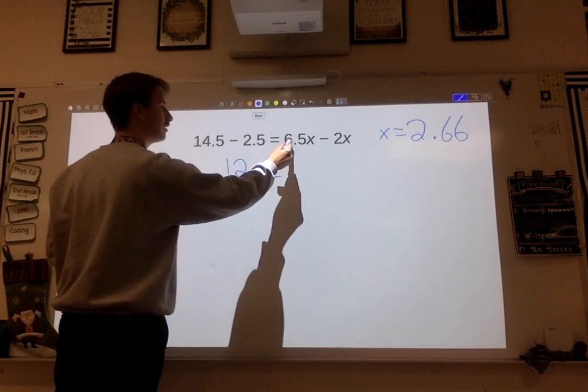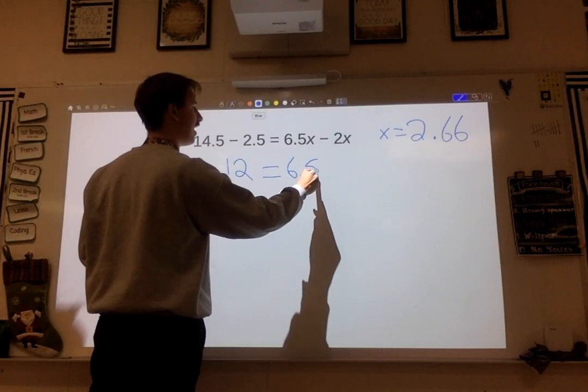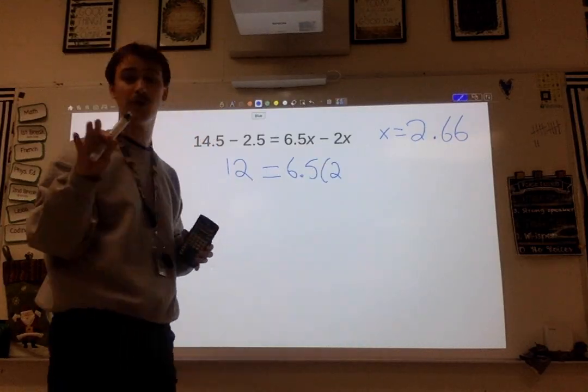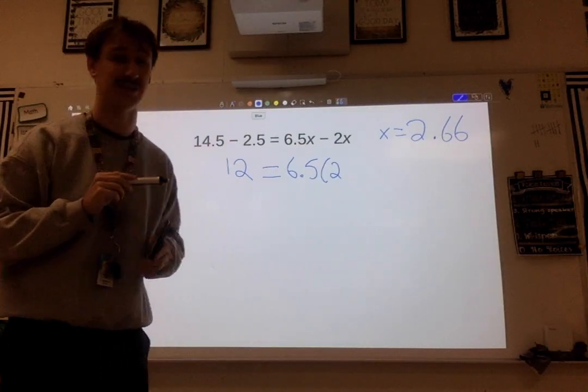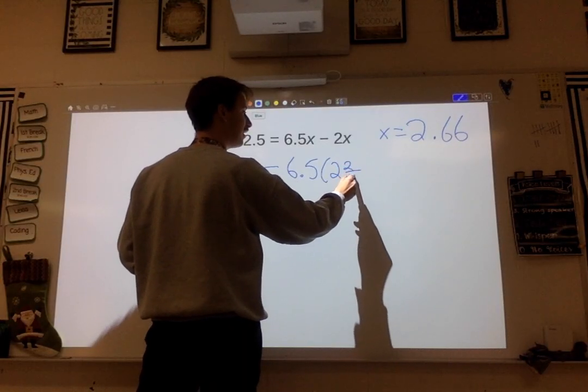Equals, on this side, let's input it, 6.5. We are multiplying it by 2, and I'm going to put 0.66 as a fraction here, just to make life a little prettier. That's 2/3.